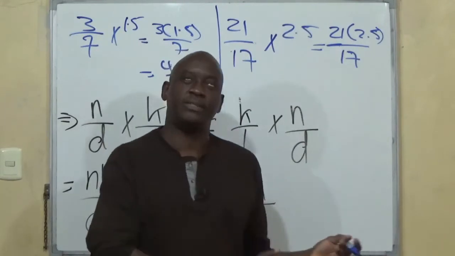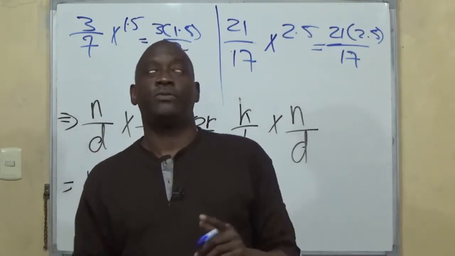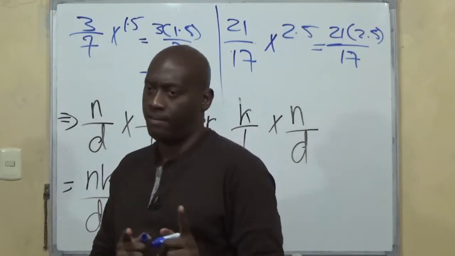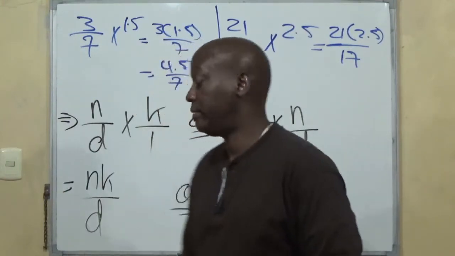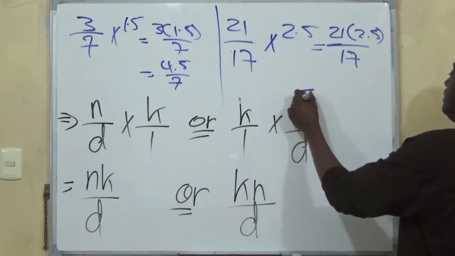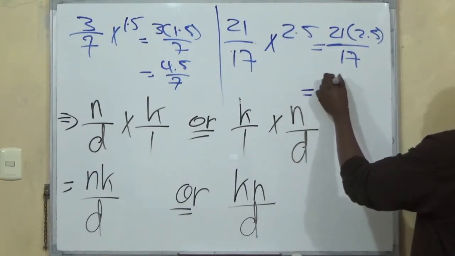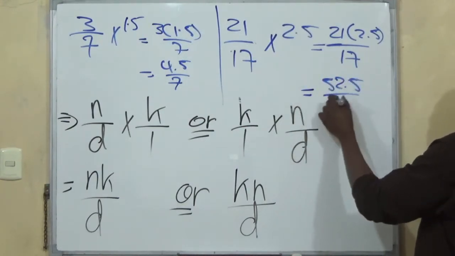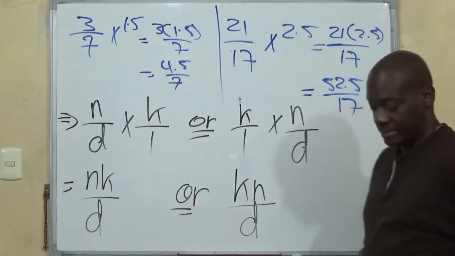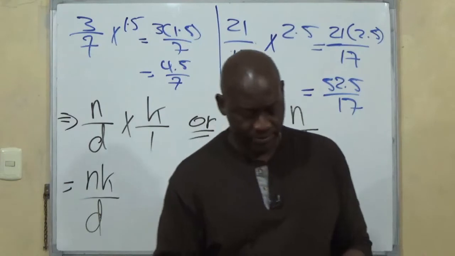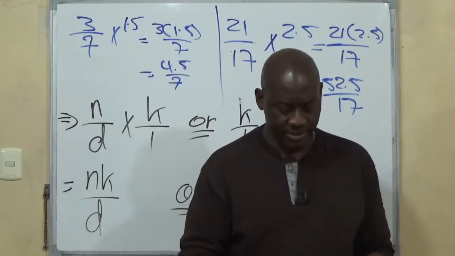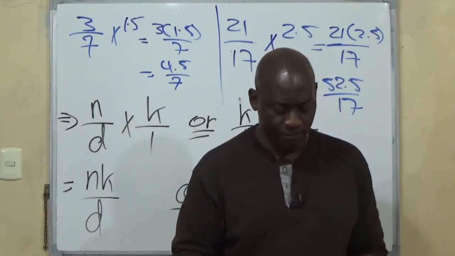Half of 21 is 10.5. So 42 plus 10.5 is 52.5. Right? So that will be 52.5 over 17. Let me just verify on my calculator here. 2.5 multiplied by 21 is equal to, boom, 52.5.